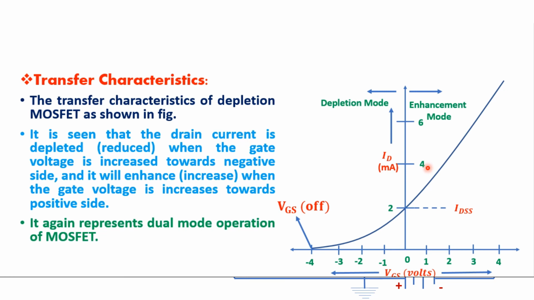So when the drain to source voltage is maintained at some positive potential with respect to source and gate to source voltage is varied, the variation of drain current, that is ID, with gate to source voltage is shown in this particular figure. The curve of ID against gate to source voltage is called the transfer characteristics of depletion MOSFET.